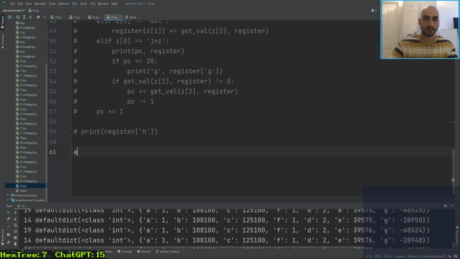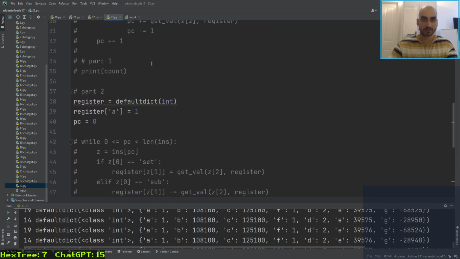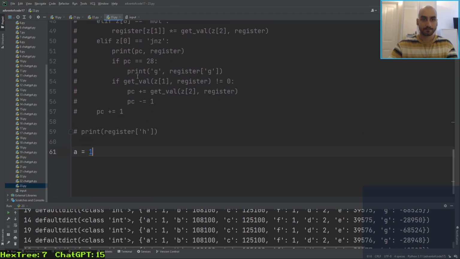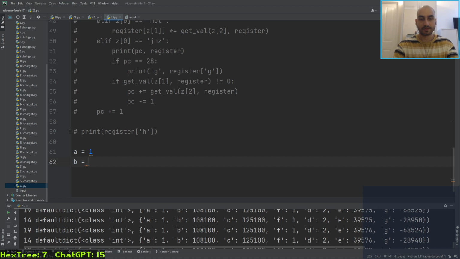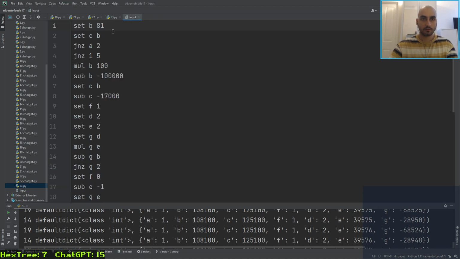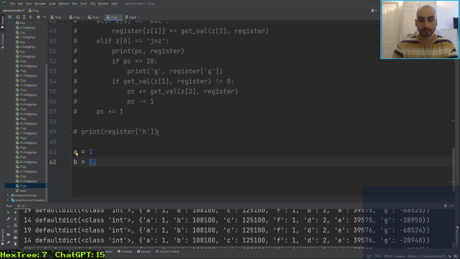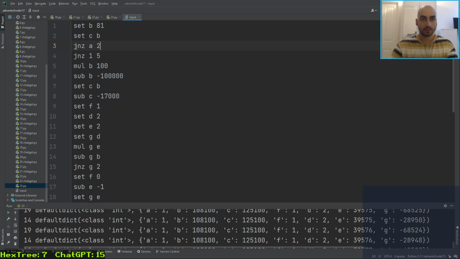So, got a equals 1. Right, that's the starting condition. B equals 81. C equals B. Fine. Let's just say C equals 81. Jump not 0, A, 2. Okay. So we skip that one. Okay. B multiplied by 100. Alright.